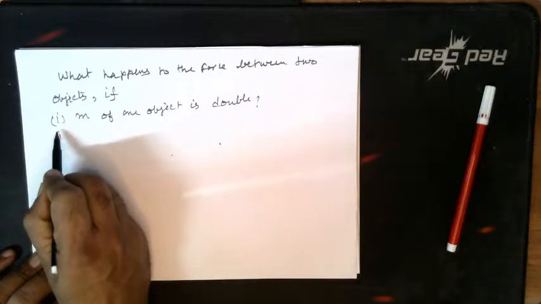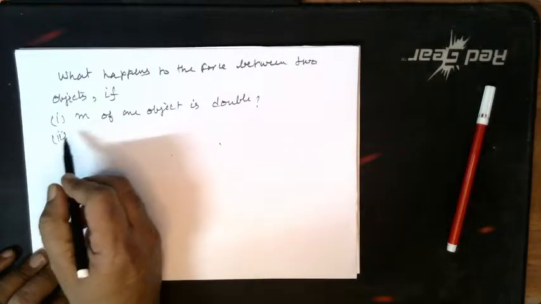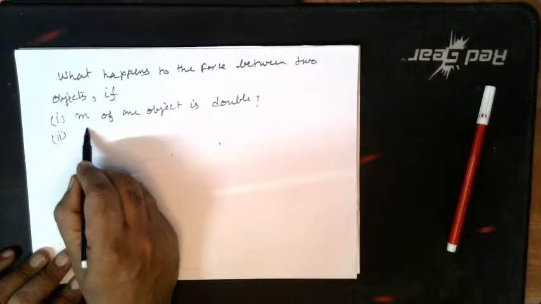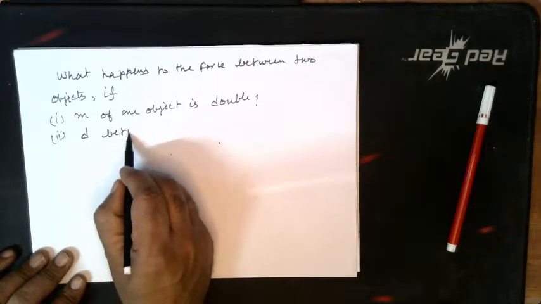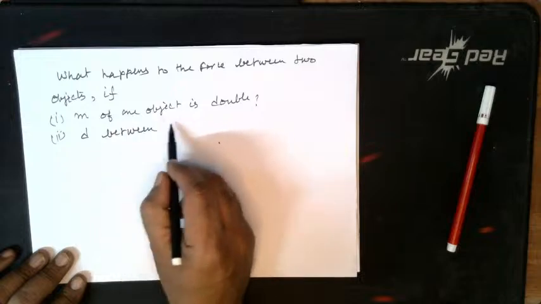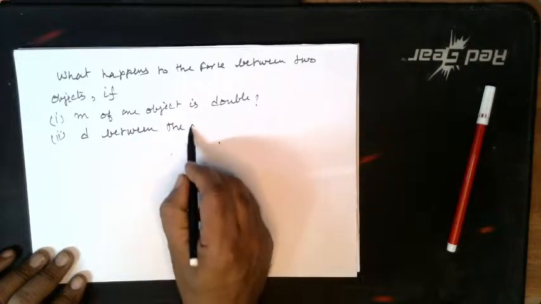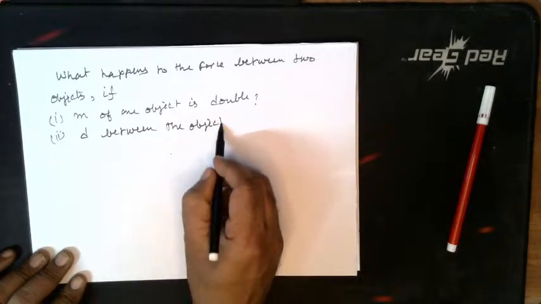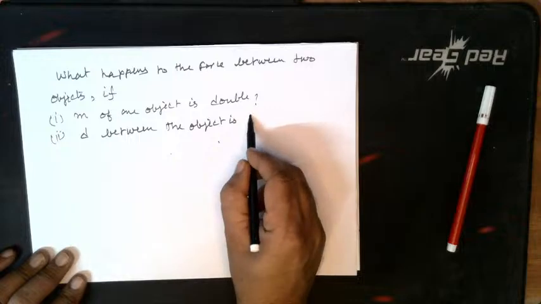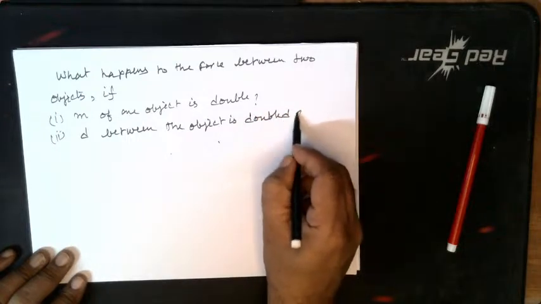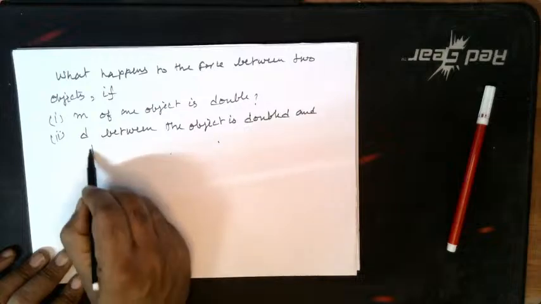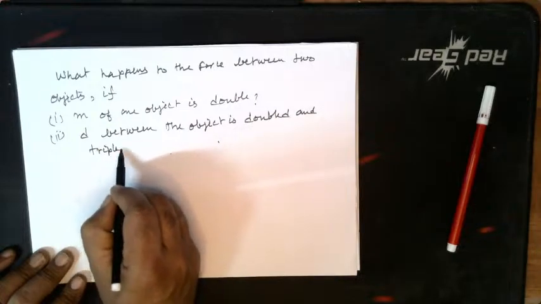Second question, subdivision. The distance between the objects is doubled and tripled. There are two questions here.